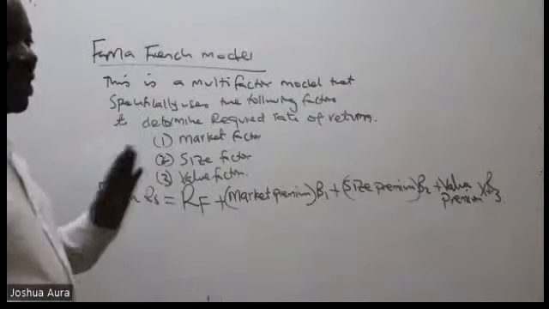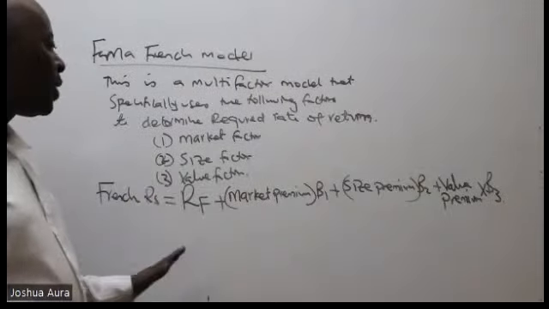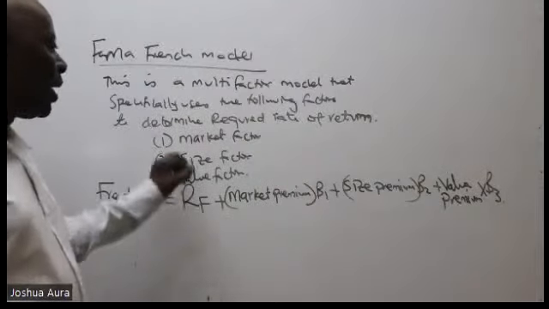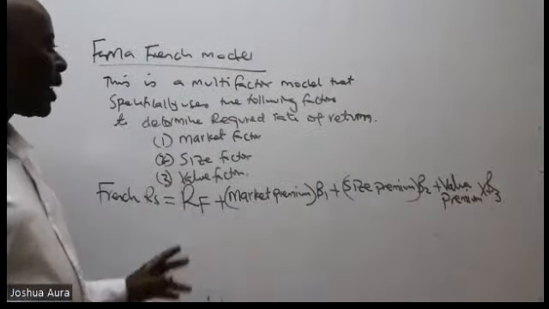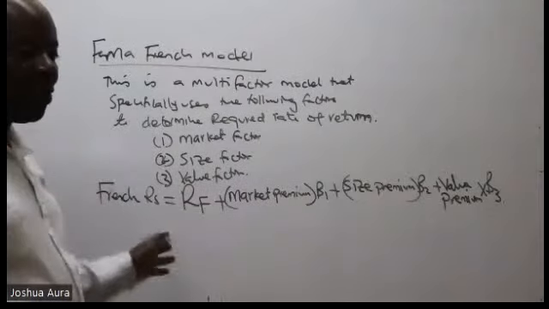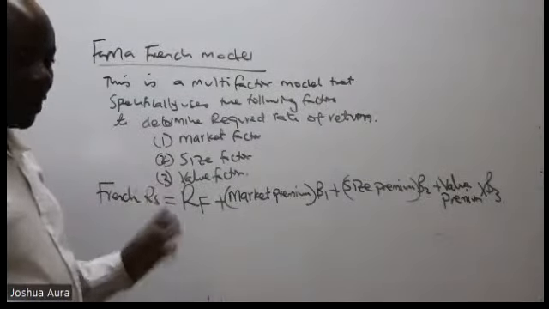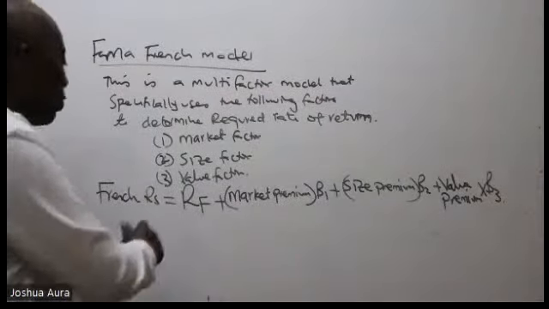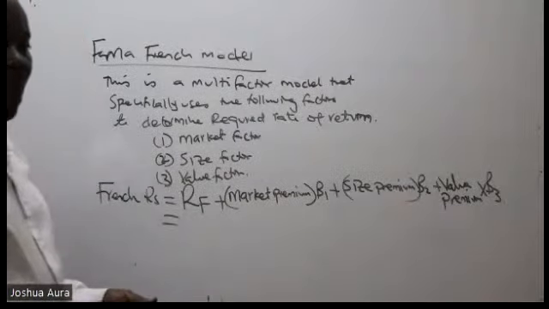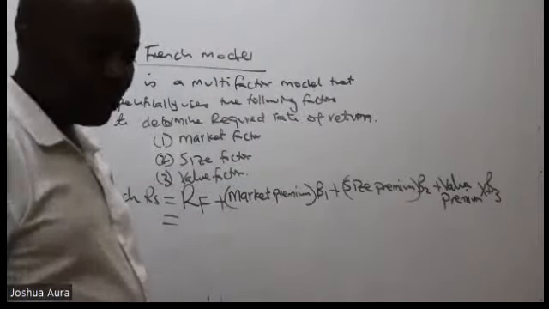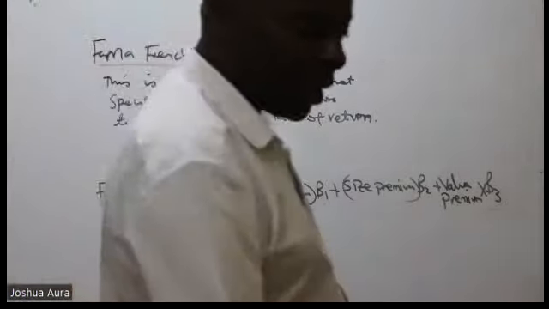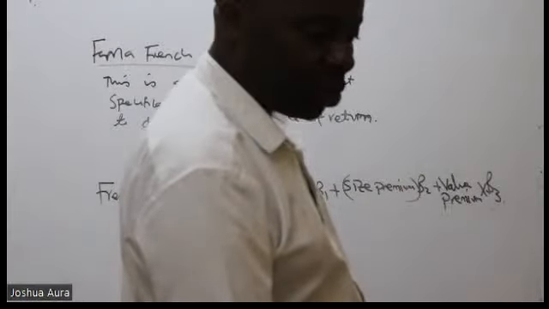So required returns of a security will always be defined by 3 factors: the market factor, size factor, and value factor. Could you kindly go ahead and give us these parameters? What do we have?